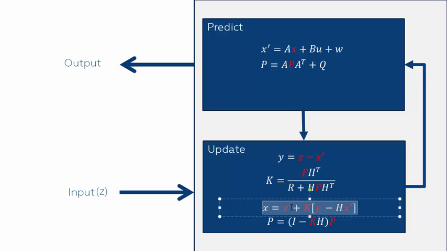So what it's going to do is, this is the state which we have already estimated, plus the Kalman gain multiplied with the difference in error and the function which we have here.